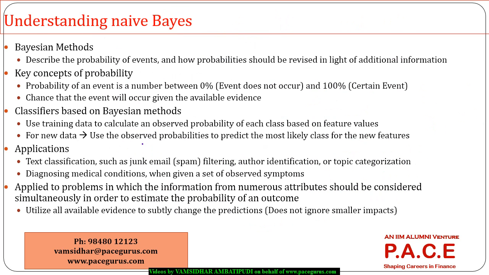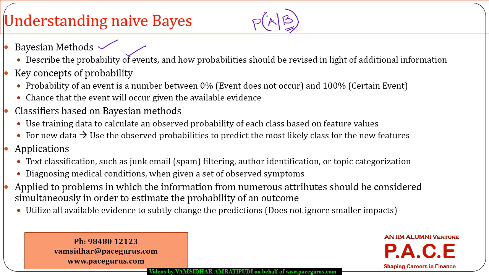So initially, getting a hold of Naive Bayes. Whenever we talk about Bayesian methods, we are talking about describing the probability of event P of A given another event has occurred. Additional information is provided to me.